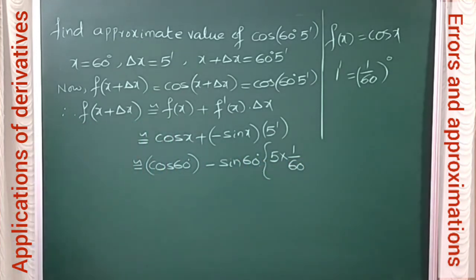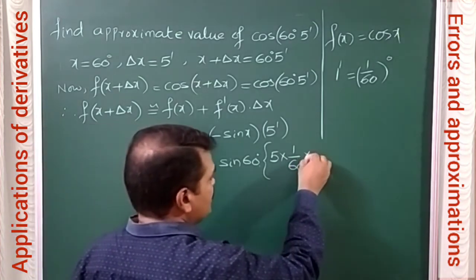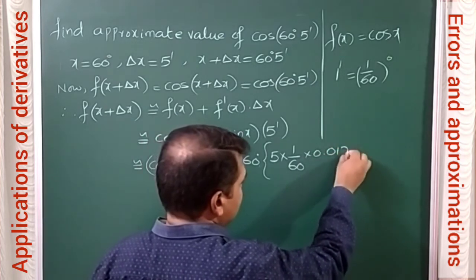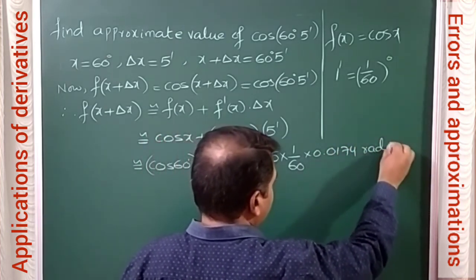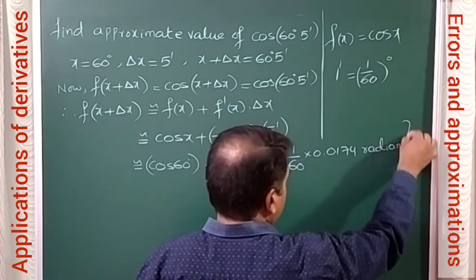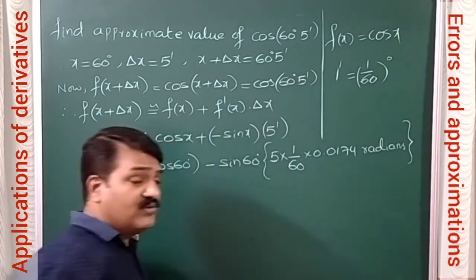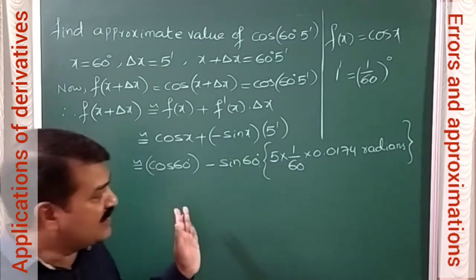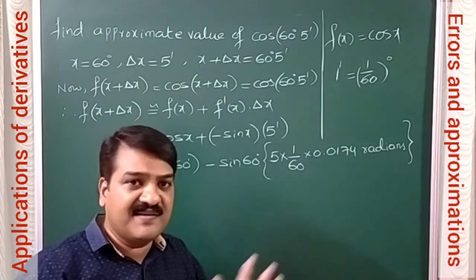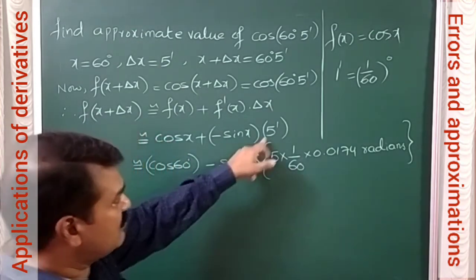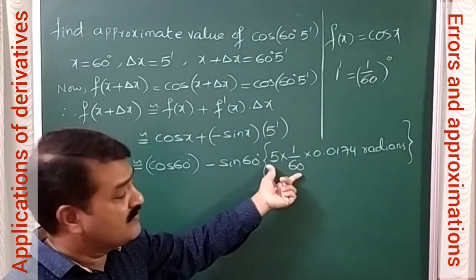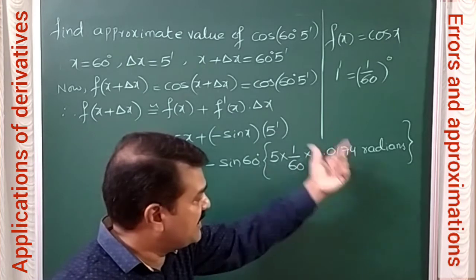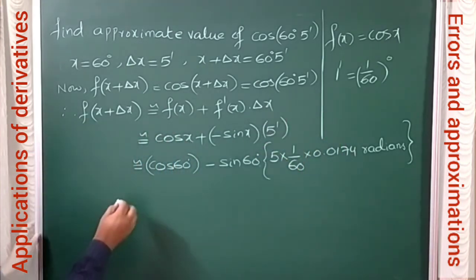If you want to convert into radians, multiply with 0.0174. Of course, we have to convert into radians. We cannot keep it in terms of degrees itself. We have to convert into radians definitely. To convert into radians, multiply with 0.0174.